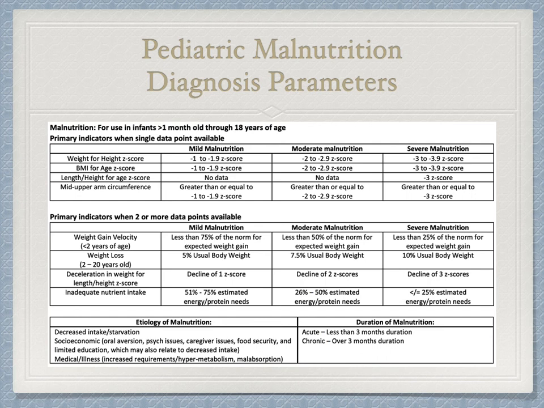For a deceleration in weight for length and height z-score, that just means that the z-score is no longer following an appropriate curve. It is indeed falling kind of off the curve. So say the child had a BMI of -1 and had been trending at that for a good portion of their life.